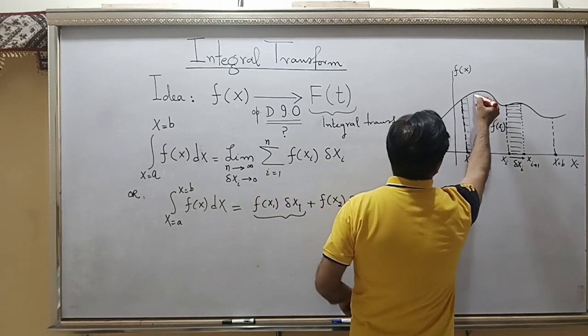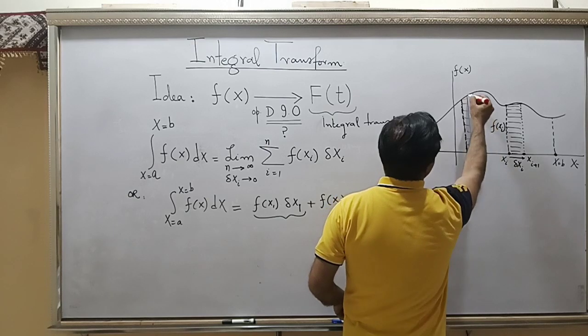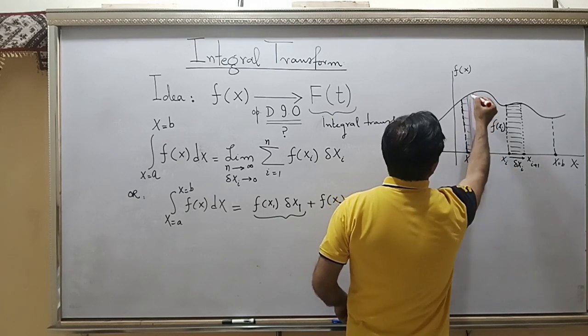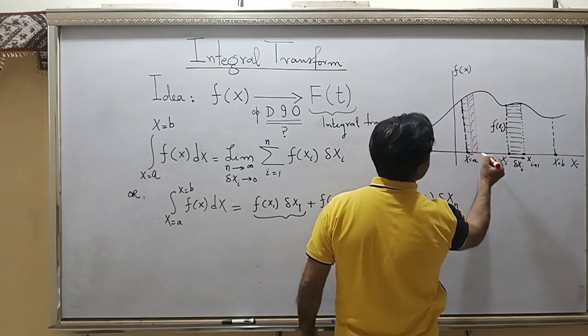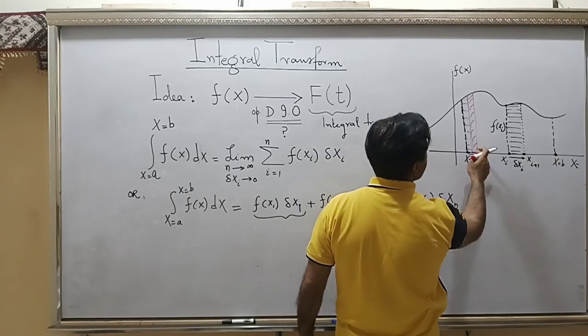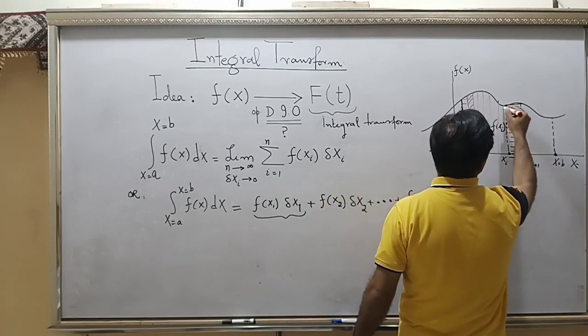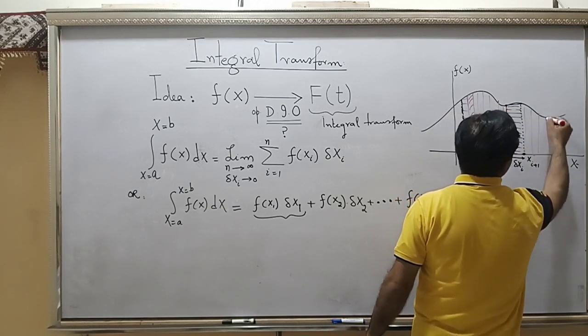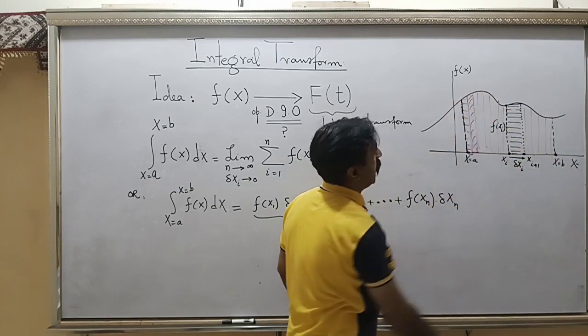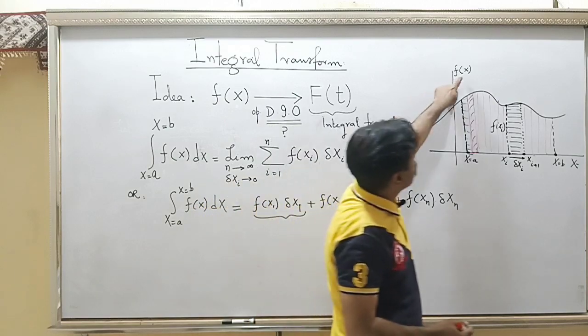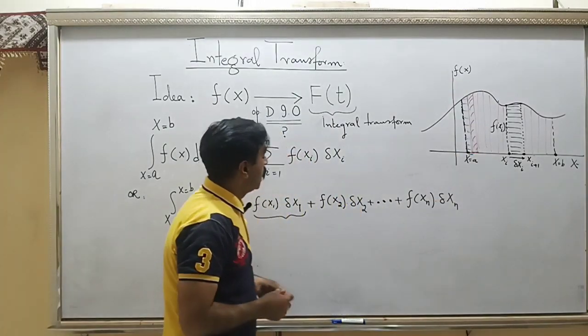Then this red one is the second rectangle, right? And its width is delta x2, and so on. These rectangles are added in their area to get the total area under the curve f(x), right?